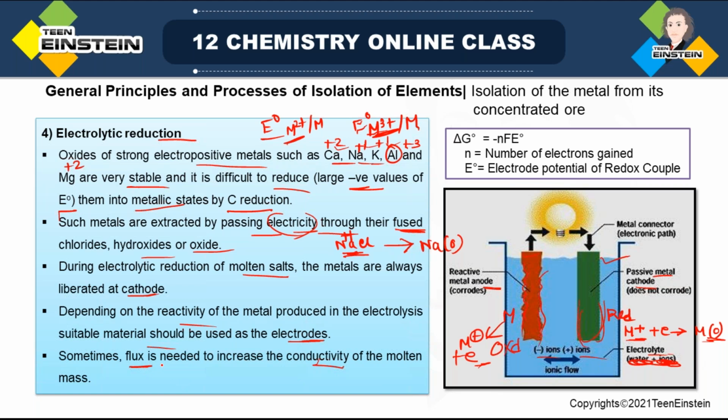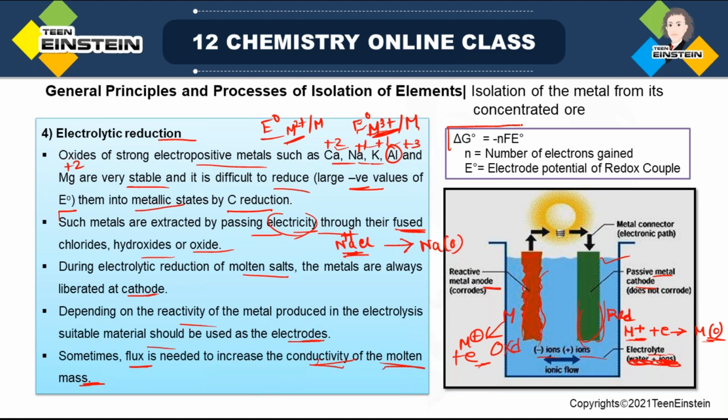Normally, we add flux to remove gangue, because flux plus gangue produces slag. But here we are using flux to increase the conductivity of the molten mass. Okay, it is in molten state, not aqueous state, so its conductivity will not be very good. But if we add flux, it will help to increase the conductivity.